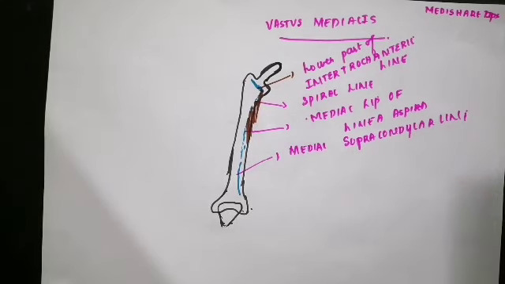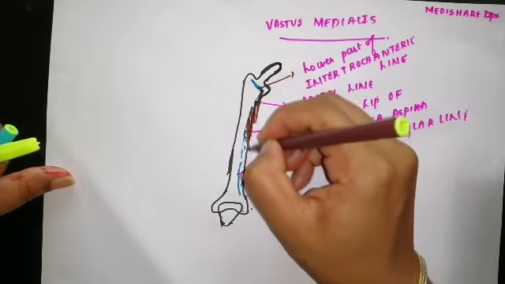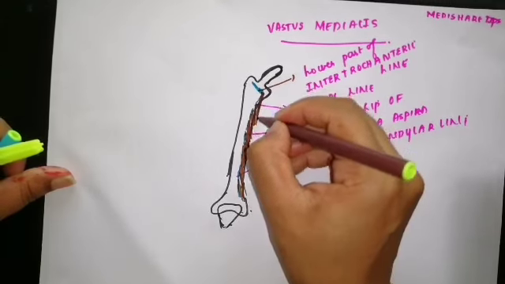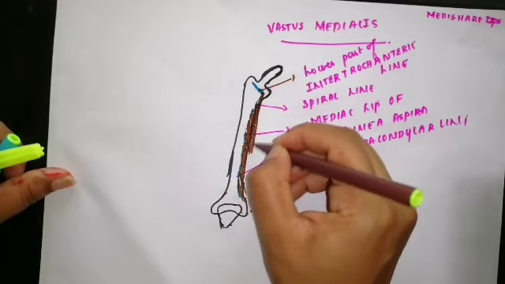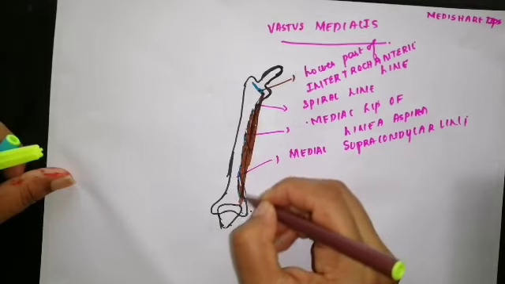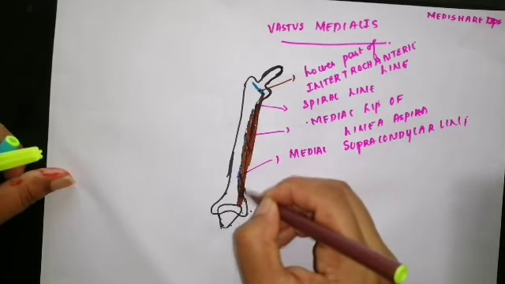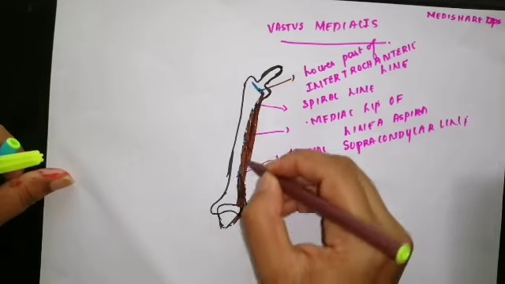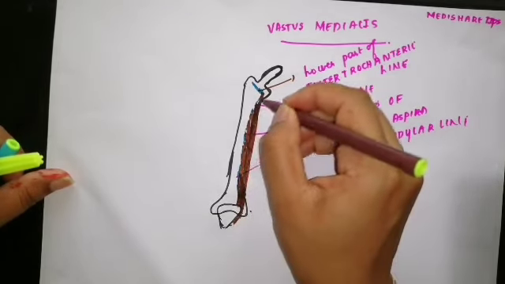So originating from these parts, having a linear origin like this, it gets inserted into medial part of base of patella and the medial border of patella like this.